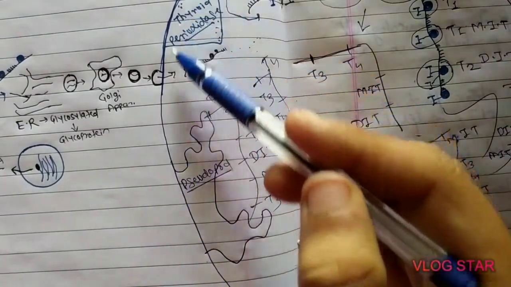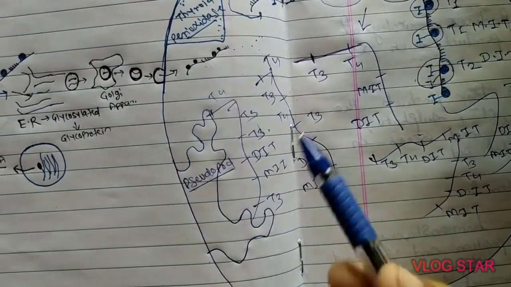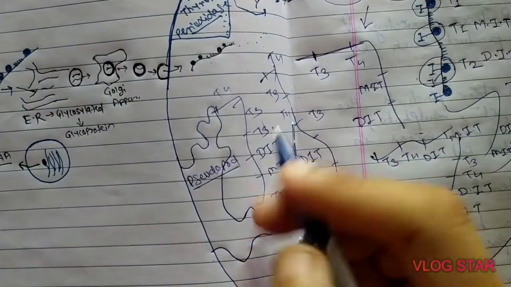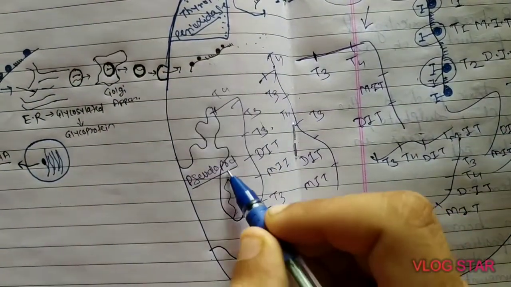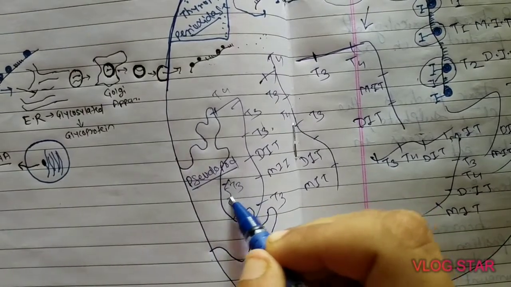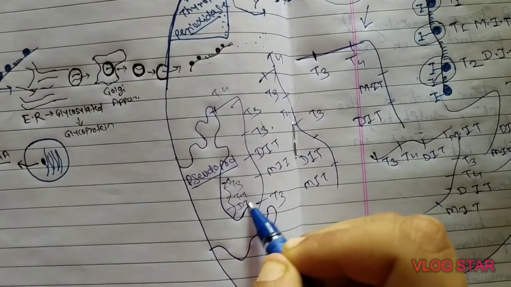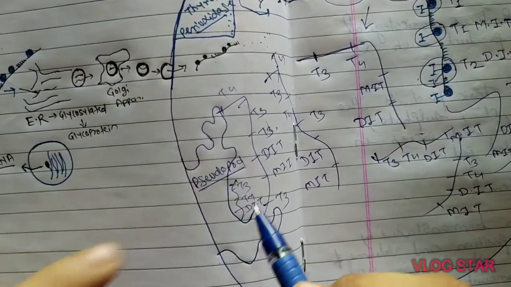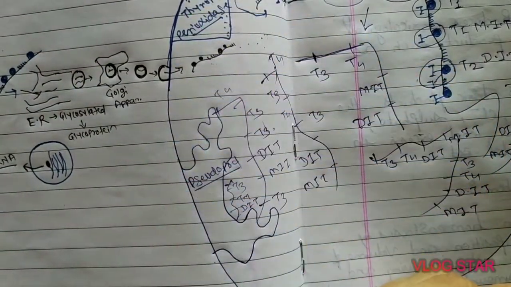So this apical membrane gets converted into the pseudopod, and it takes a part of the colloid inside. So this is one part of the colloid, which has been taken up by this pseudopod of the apical membrane of the thyrocyte cell.